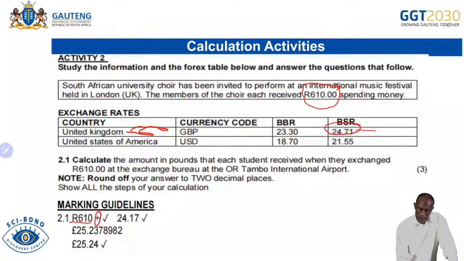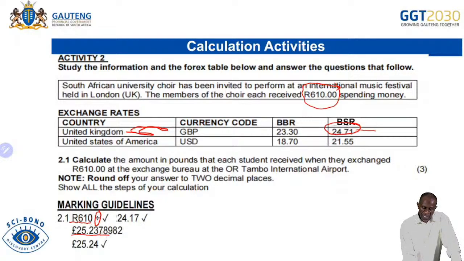So using this bank selling rate, we divide it by 24.17 rand, which is given on the table, and you will remain with 25 pounds. After the comma, you have 2378982. So we need to round off this figure.